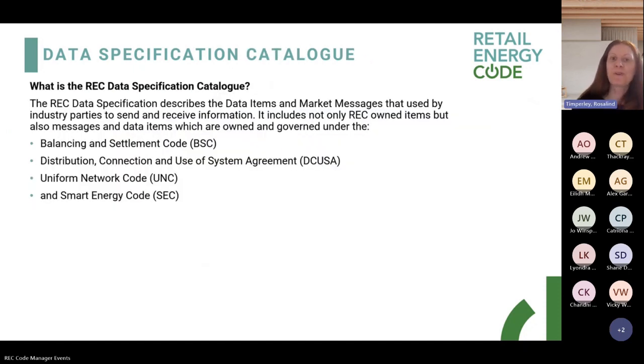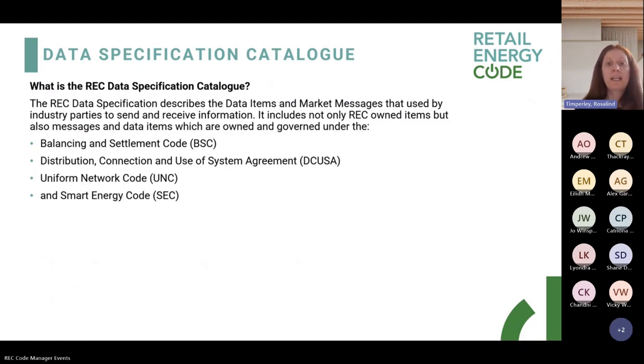We're going to focus a lot on the data specification catalogue because that is probably the largest element of the wider data specification. The catalogue describes data items and market messages that are used by industry parties to send and receive information.